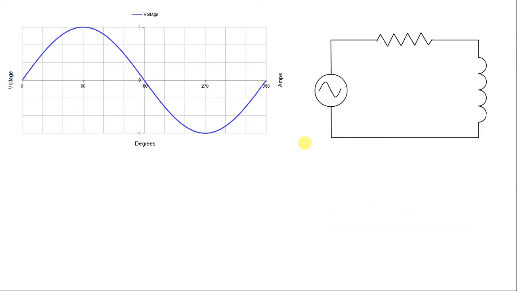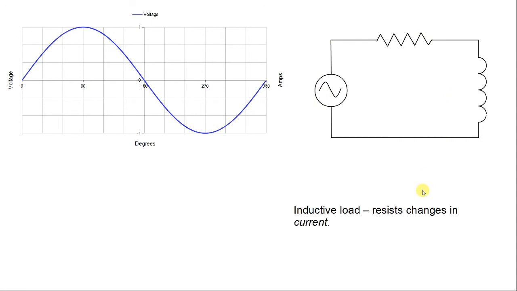Let's add some inductance into our circuit. So here in the upper right-hand corner, I still have some resistance in the circuit, and I have my inductor that I have added in here. Okay? I have my same waveform, magnitude of 1 in each direction, and I am going to plot the current for this, but we have an issue.